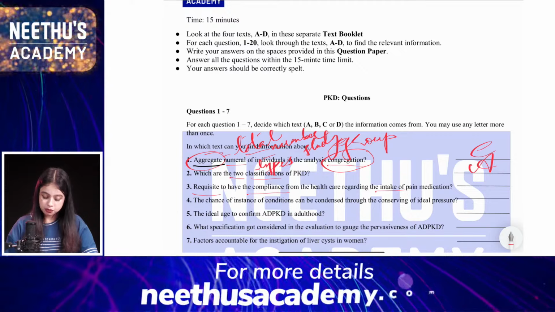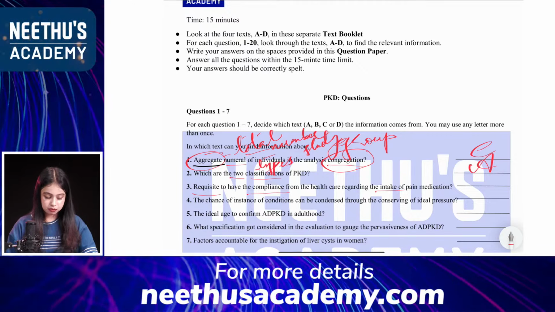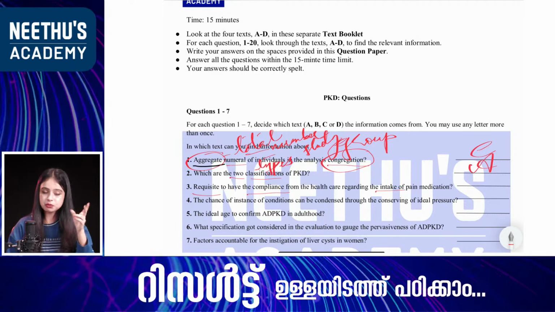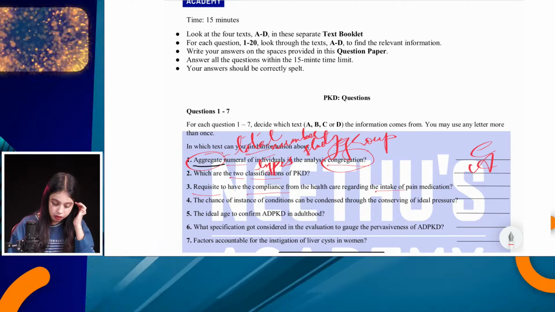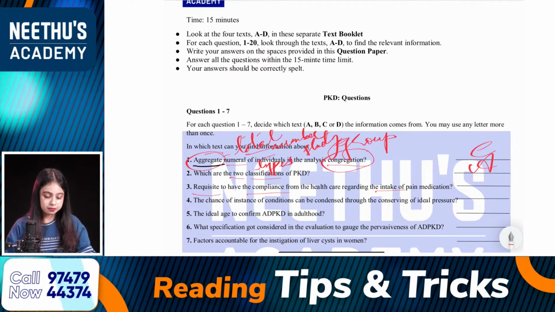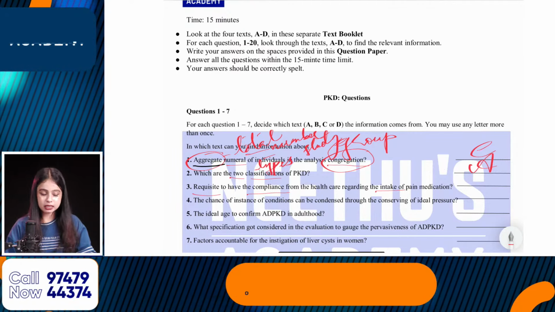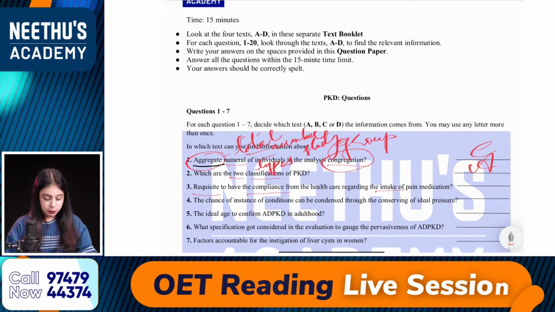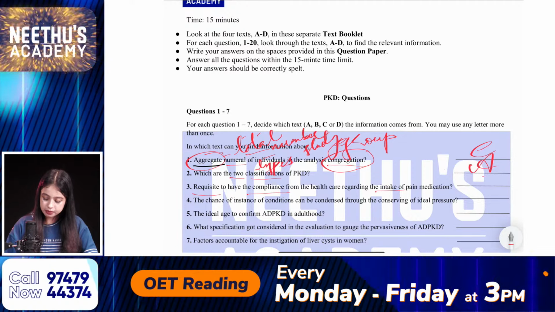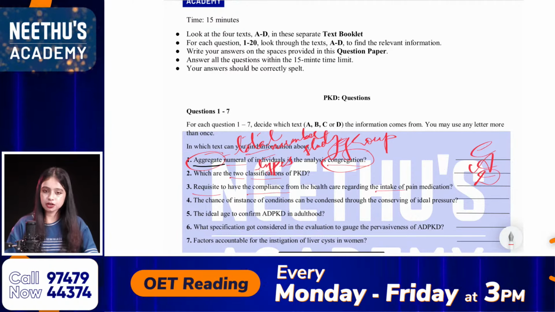Tell me the answer for the third one. Okay, Riba and Jissa, second one, classification, which means the types. Very good. Okay, Delighta, keywords classification PKD. Okay dear, answer is text A. Excellent, very good effort. Okay, Puni, third one is text D, right? Answer is correct, very good.